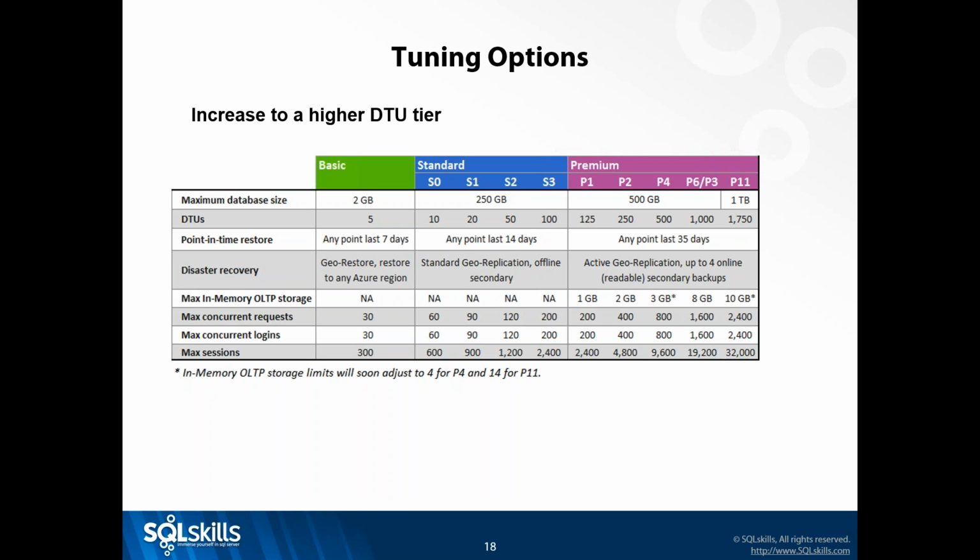So asking for more resources for a faster performing virtual machine. Can I get some extra CPUs, some more memory, move to a faster disk, a faster host? Those things just happen under the covers. In this world, if you're paying for an S1 and you move to an S2, that's real dollars. So it kind of changes. So this can't be just your knee-jerk, hey, we're having performance issues, move to a higher pricing tier, because somebody's going to see that bill.